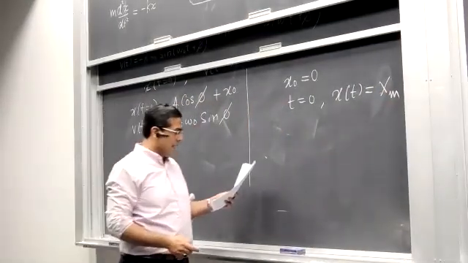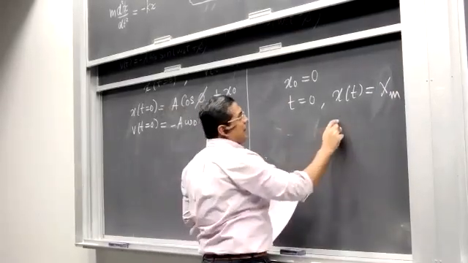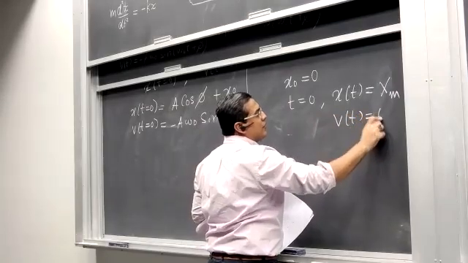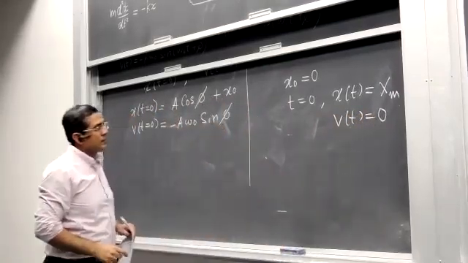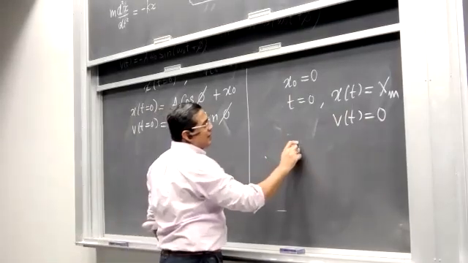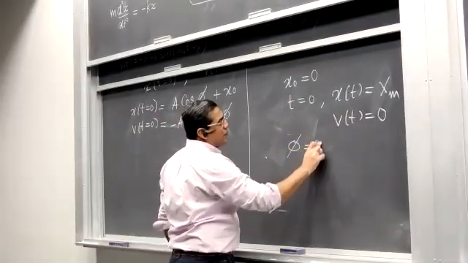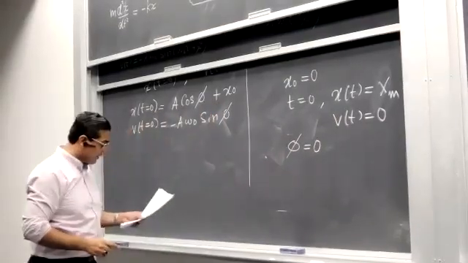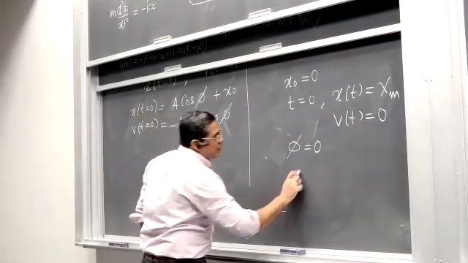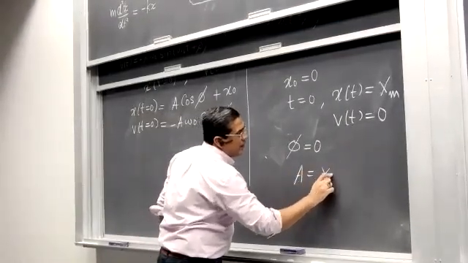You are saying that when t is equal to 0, v of t is equal to 0. Now if you solve for this, you will get that phi turns out to be 0 for this situation, and a turns out to be xm.